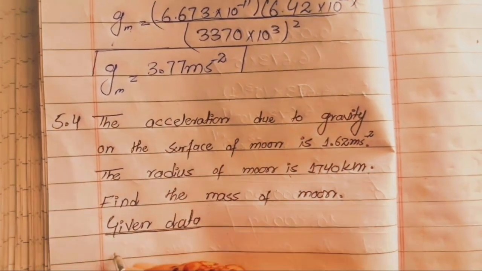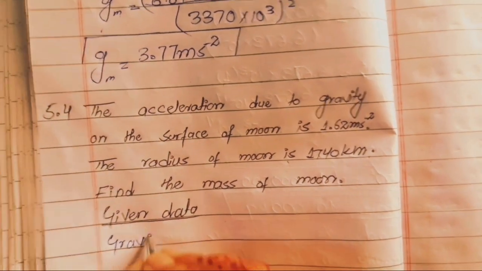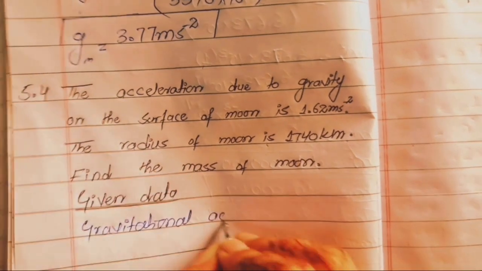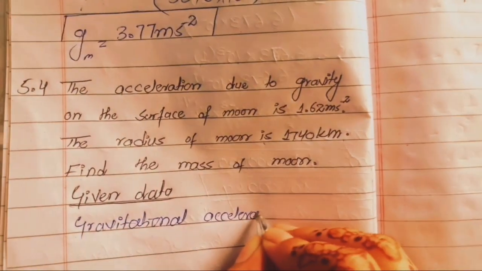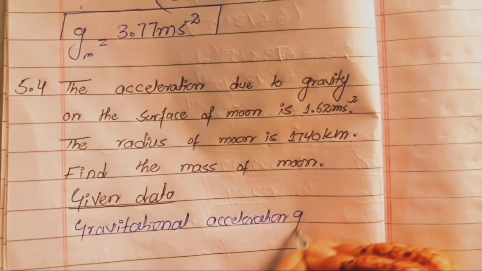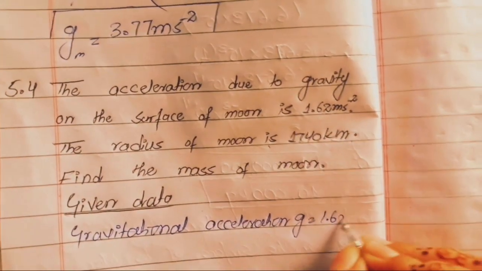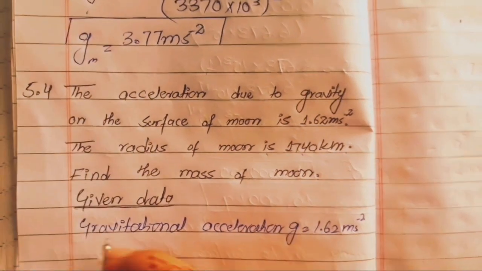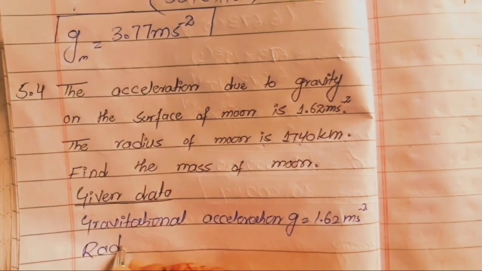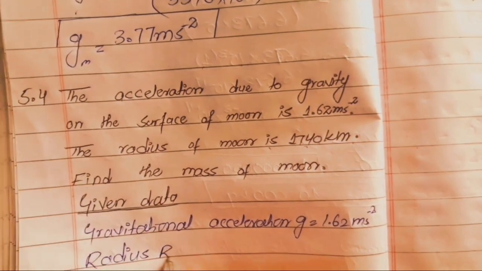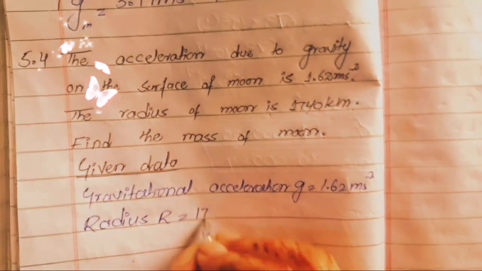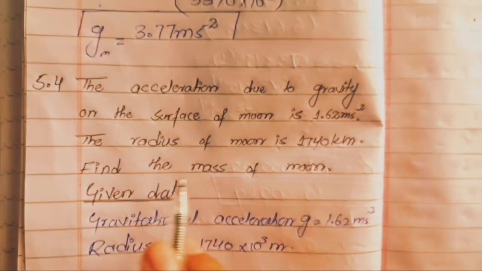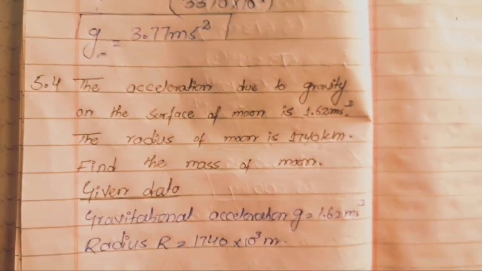The value of g, gravitational acceleration, is equal to 1.62 m/s squared. Radius of moon r is equal to 1740 multiplied by 10 raised to power 3 meter. We have to find the mass of moon.